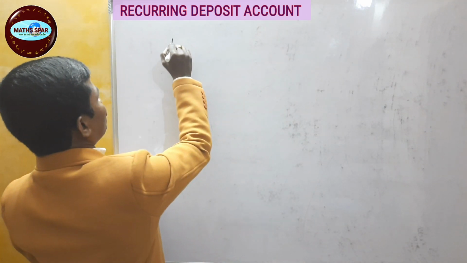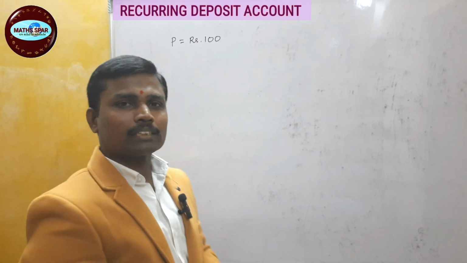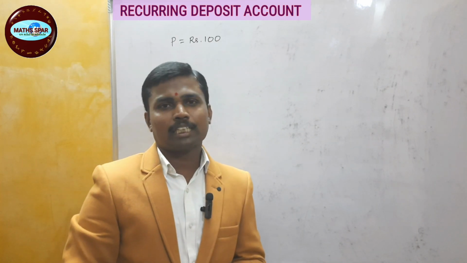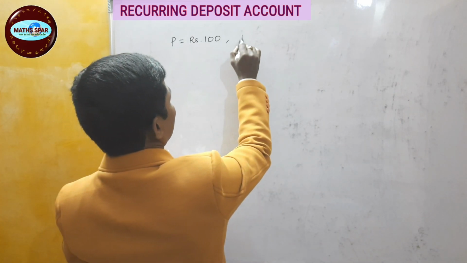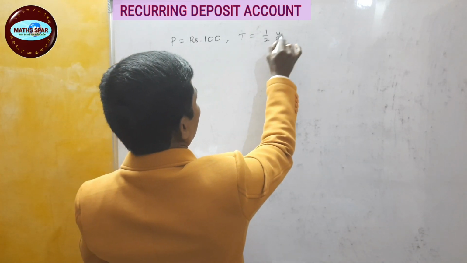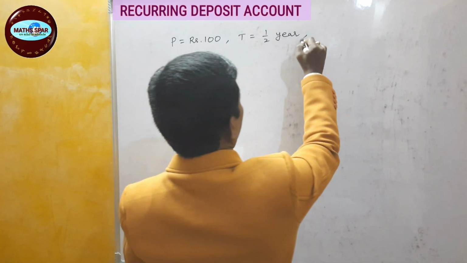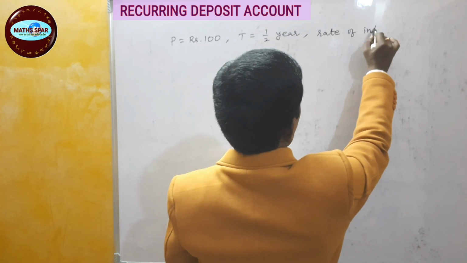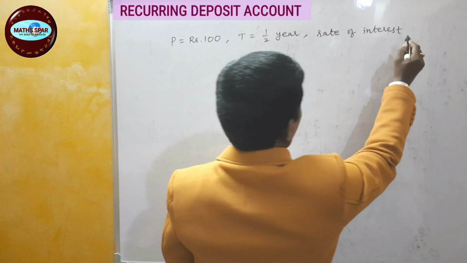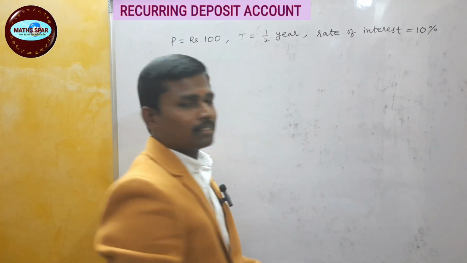If an investor decides to deposit 100 rupees in a recurring deposit account for a period of half year, and the bank allows a rate of interest as some 10%.